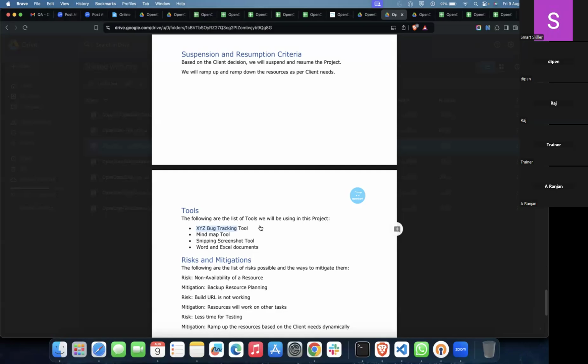First of all, the most important tool would be a bug tracking software. What exactly do we mean by that? A bug tracking software is something in which we can raise issues or bugs. And why is it so important?